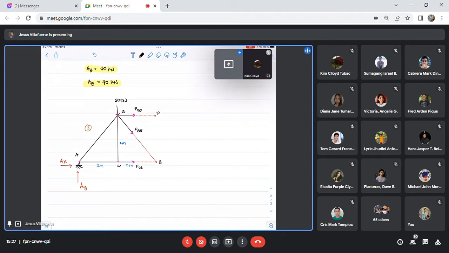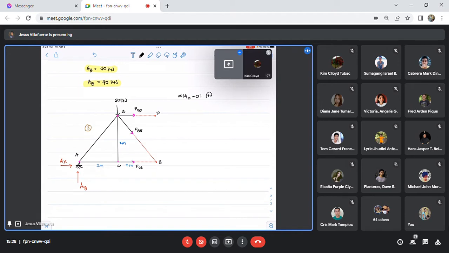So let's do it. If we take summation of moments at B equals zero, I take clockwise positive. What are the clockwise forces?